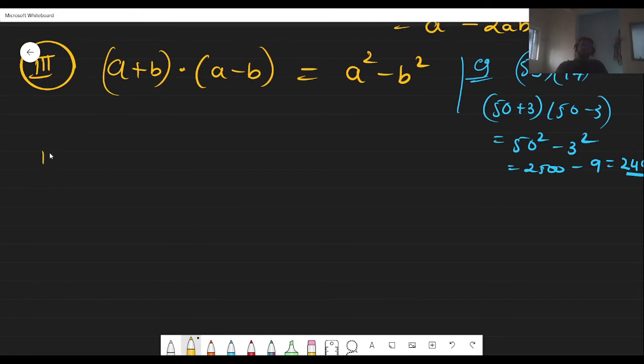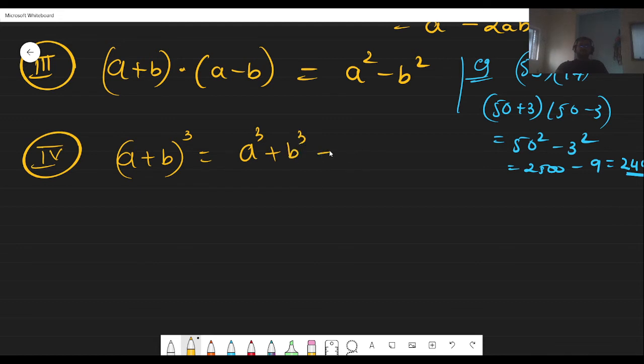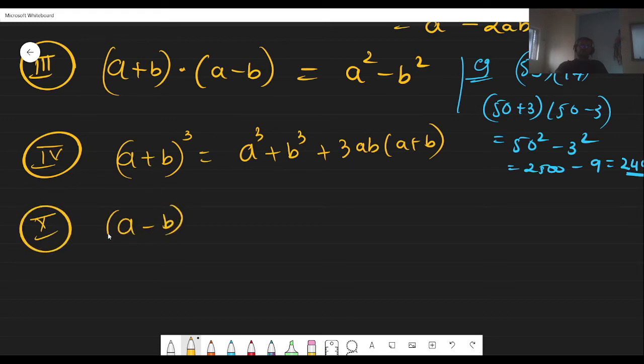The fourth point is, if it is given (a plus b) whole cube, it will become a cube plus b cube plus 3 times ab into (a plus b). Now the second thing I will do is replace b with minus b.